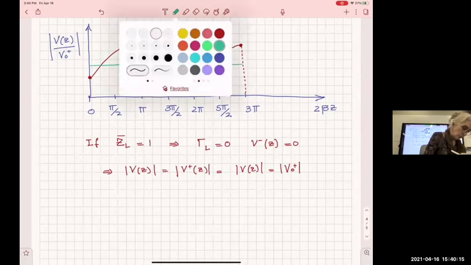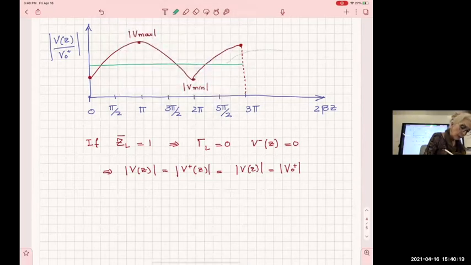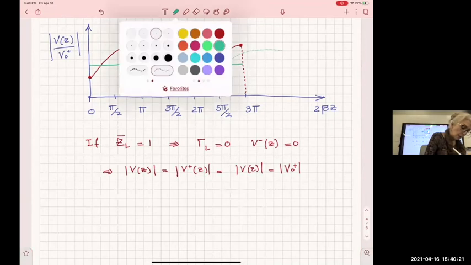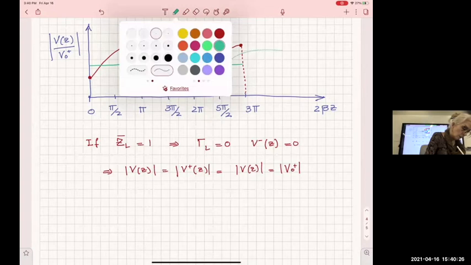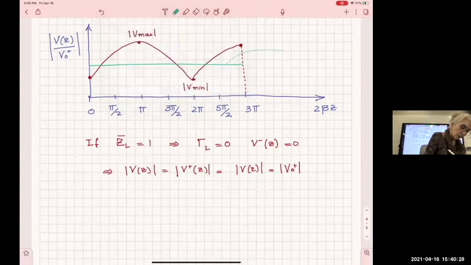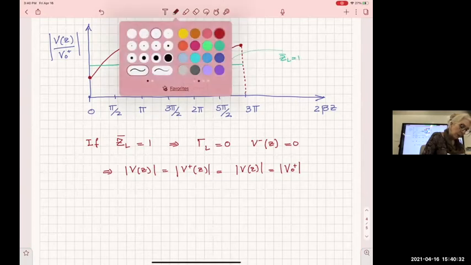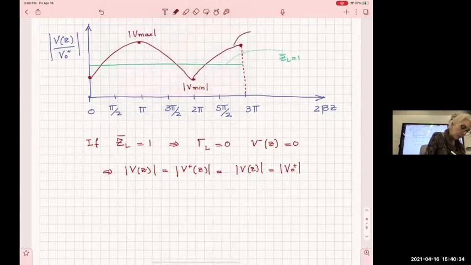That would be when ZL normalized is 1. While this one here is when my ZL normalized is 2.